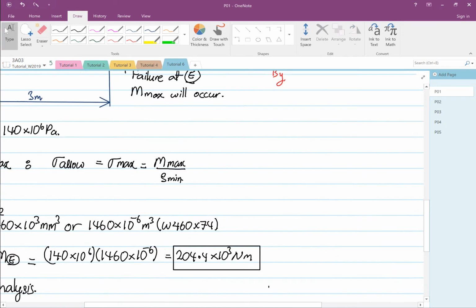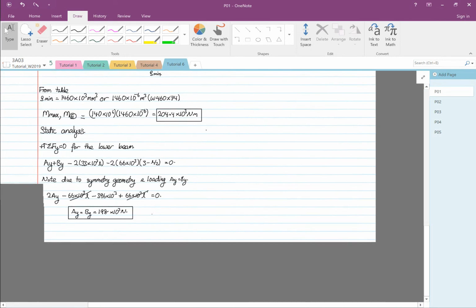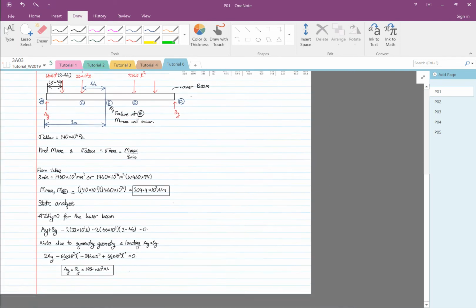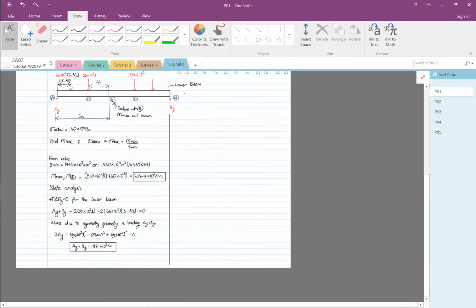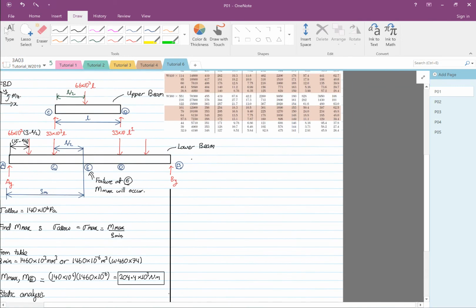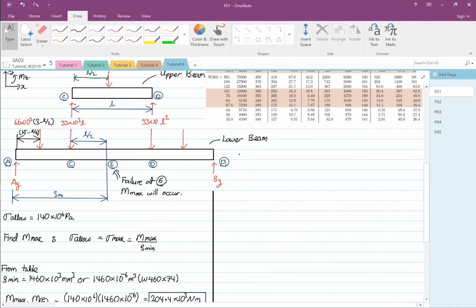So from here, we're going to take moment. I'm going to split the page into two. We're going to take moment of the lower beam. Again, we're still focusing on the lower beam. You only need to consider half, you don't need to consider the full beam.